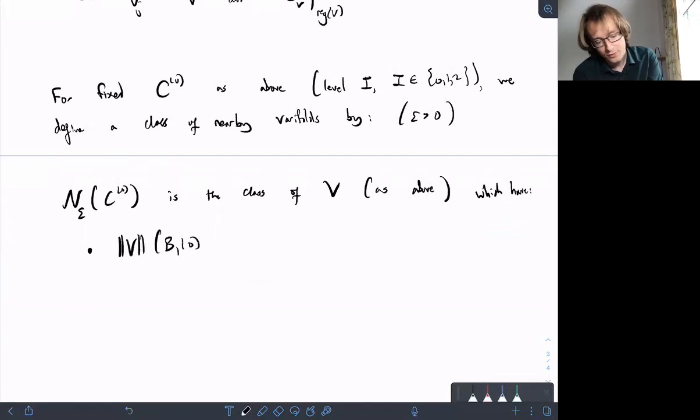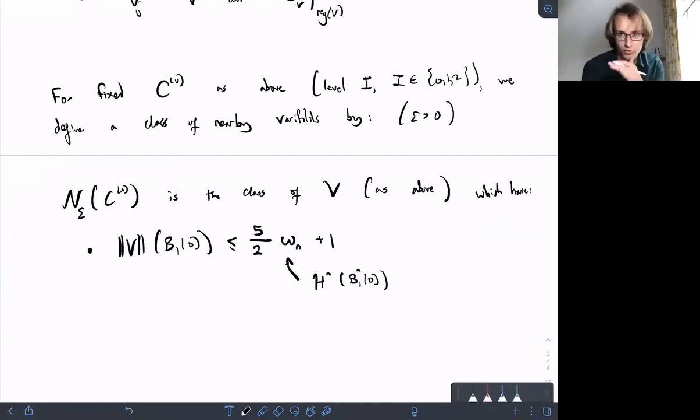So the mass of V in the open ball is at most 5/2 times the mass of the unit ball plus 1. This is just some uniform control on the mass to make the mass similar to the cones, because we don't want to have higher multiplicity versions of those cones in our class.